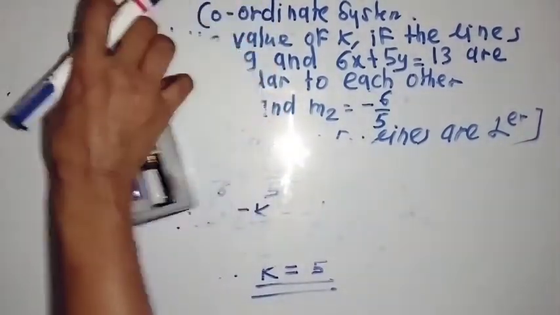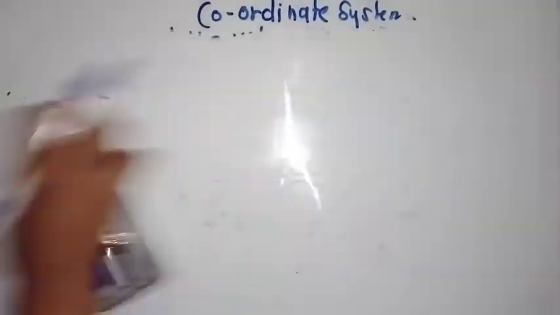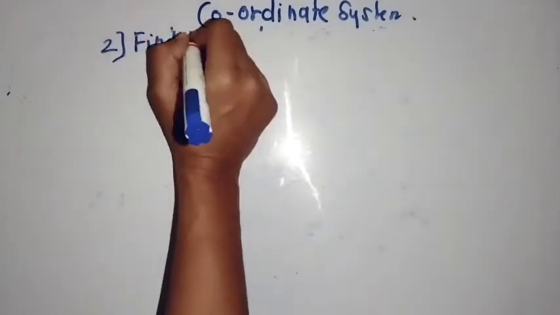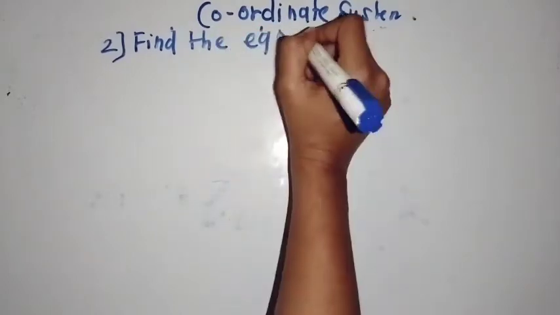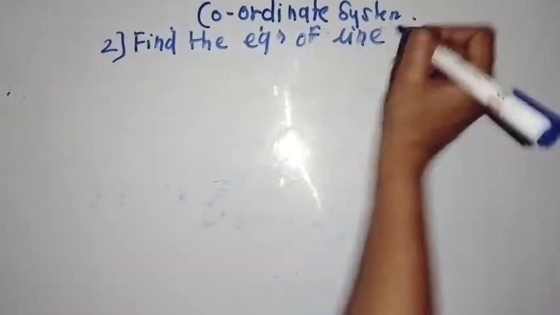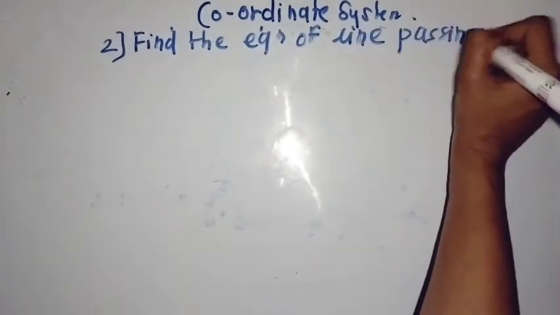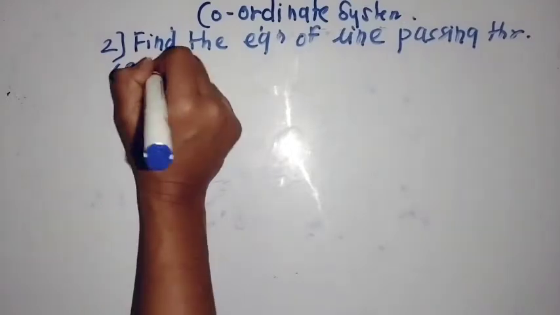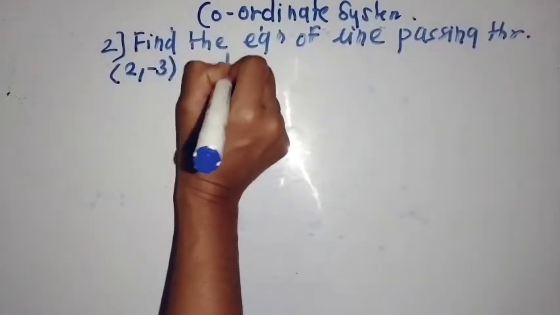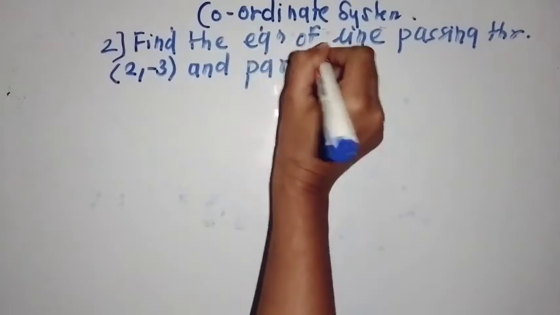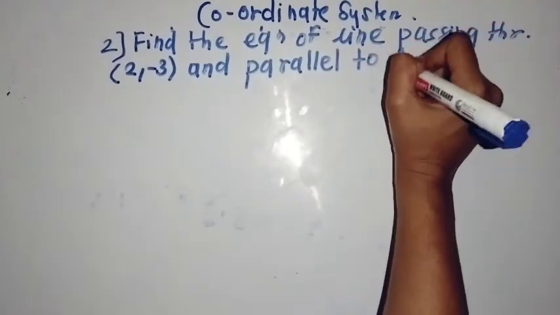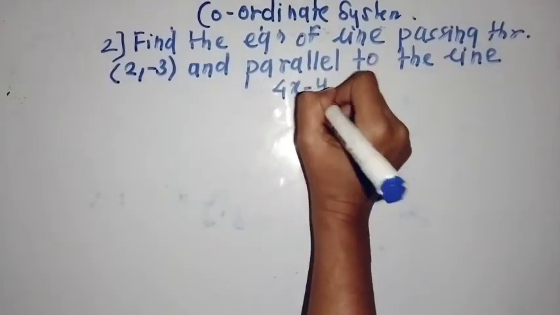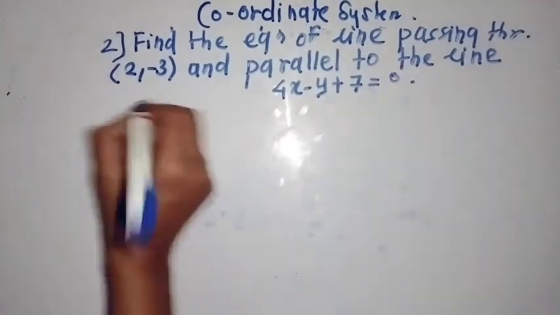Then we give a second example. Find the equation of line passing through point (2, -3) and parallel to the line 4x minus y plus 7 is equal to 0.